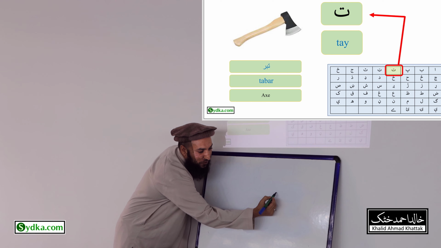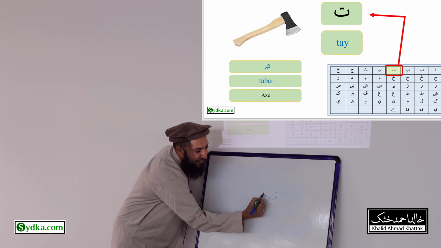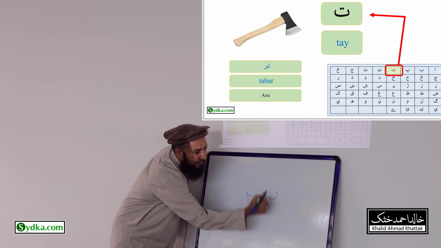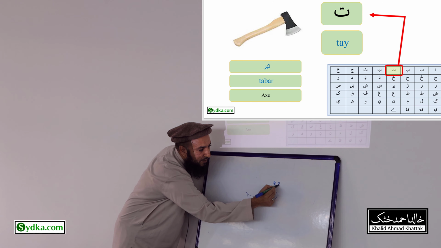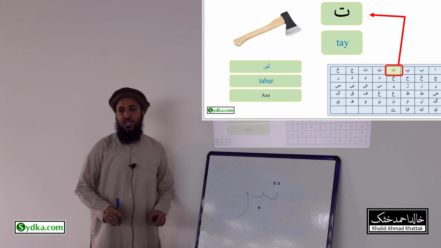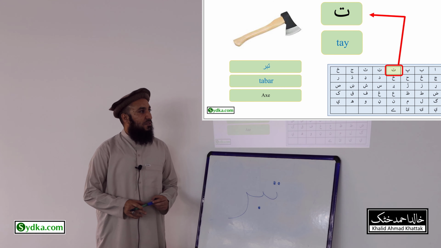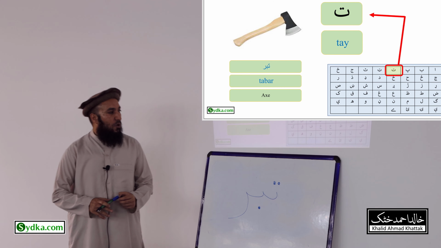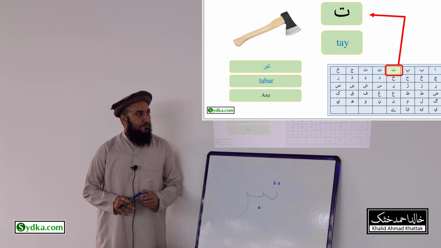Okay, so how do we write the standard one: te, be, re. Te, tabar. So that's standard Pashto, tabar. And locally we say tabarge. Sometimes we say tabar, but most of the time we say tabarge.